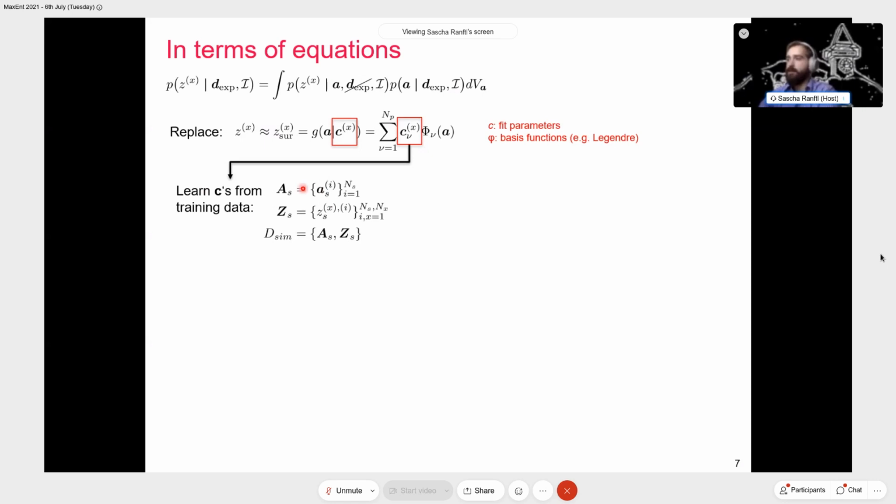Okay, so we have defined the form of the surrogate model, and now we proceed to learn these regression coefficients, the fitting parameter c, from a small training data set.